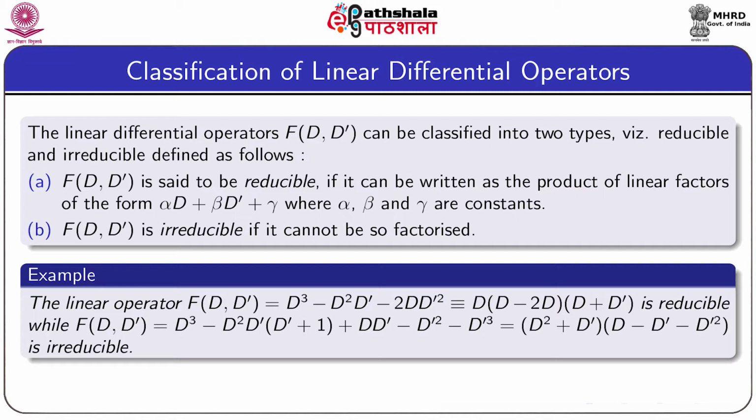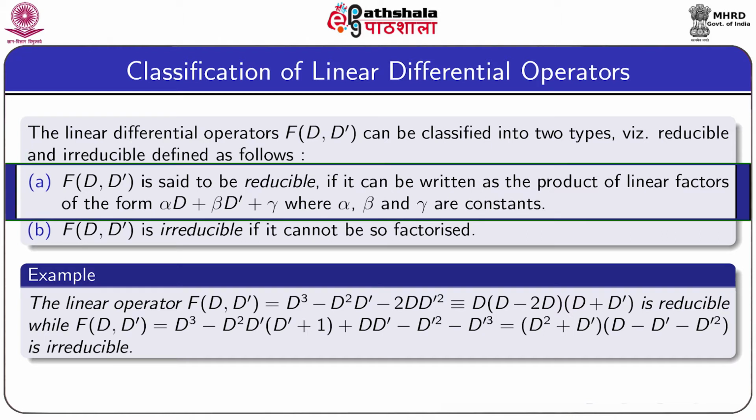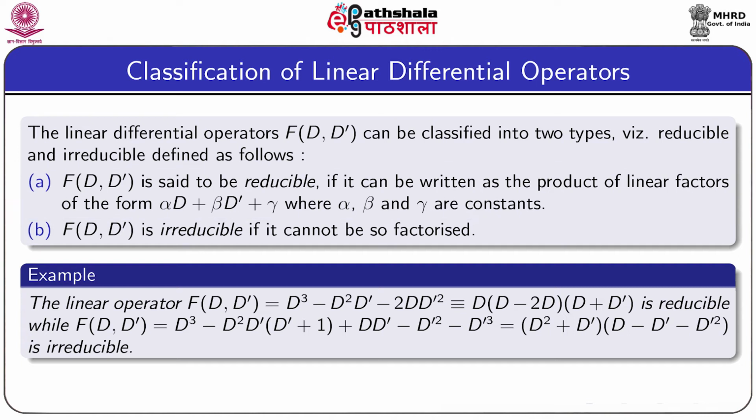So, now we shall categorize a linear differential operator F(D, D') into two classes. One is the reducible and the other one is the irreducible form. The function F is said to be reducible if it can be written as a product of linear factors of the form alpha D plus beta D' plus gamma, where alpha, beta, gamma are constants.